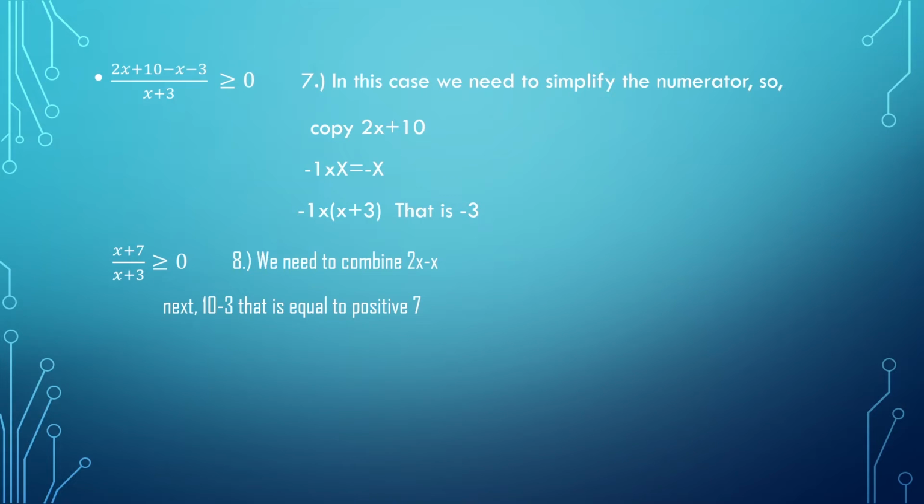We need to combine 2x minus x. Next, 10 minus 3, that is equal to +7.